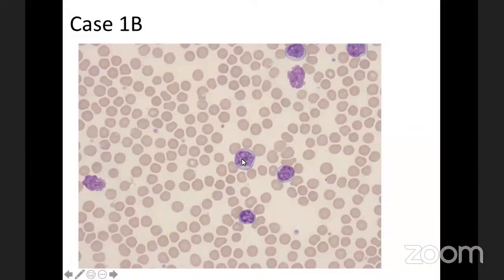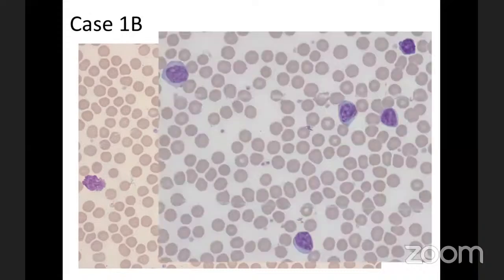This is a very characteristic finding for prolymphocytes. If you have many of these, for example more than 55%, then this is diagnostic for prolymphocytic leukemia. However, in a classical CLL, you should have less than 15% prolymphocytes.